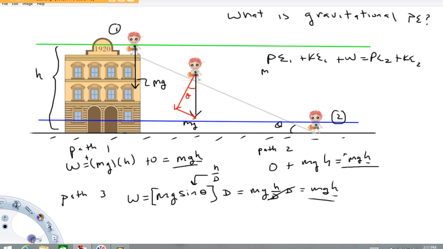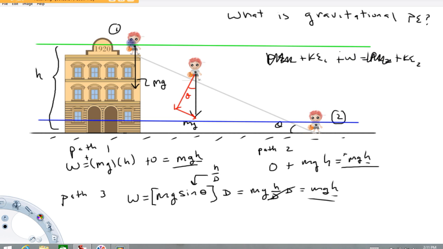Another way we can work it is we can call this green line here the datum and say that the PE1 term is now 0, the PE2 term is minus mgh, minus because we're down below the datum. The third way we could actually work this problem is we could ignore the term potential energy and pretend like we've never even heard of it.